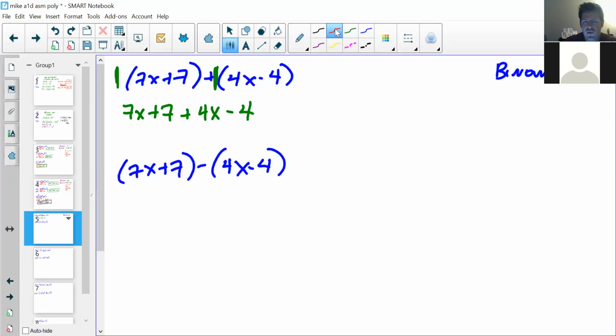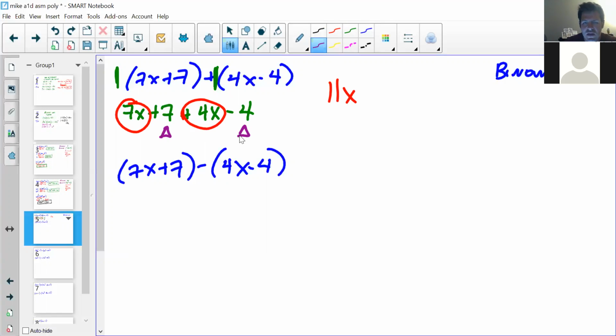But at this point, all I want to do is combine like terms. There's no multiplication left in the problem to do. And we would like to put this in descending order as possible with our constant last. So I see that 7x. I see that positive 4x. And if I just combine like terms there, 7x plus 4x is 11x. And then I have the plus 7 and the negative 4.